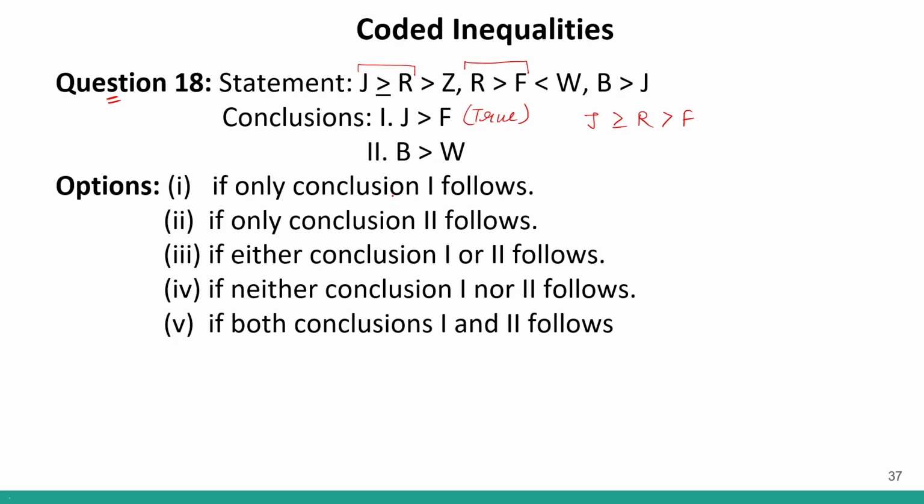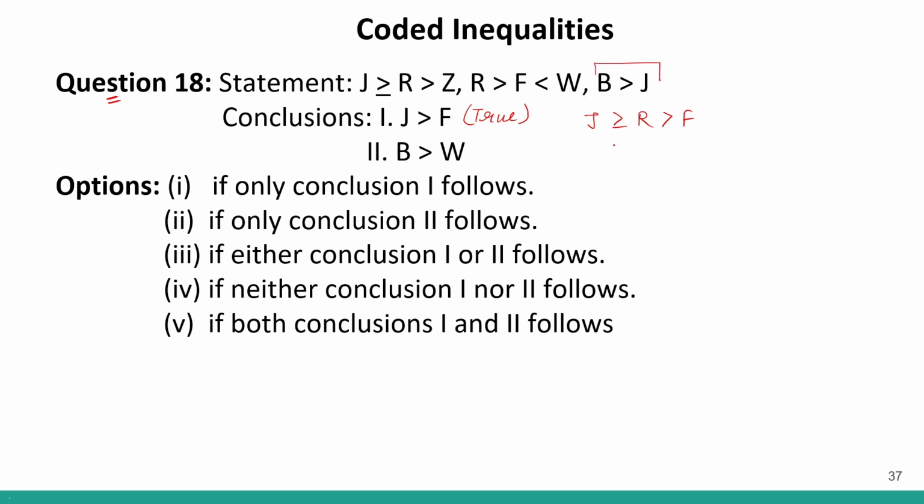So this is true. Now we have to find out whether B is greater than W. Correct? If I look over here, B is greater than J. J is greater than R and Z. But we don't have any relationship between B and W. There is no direct relationship.